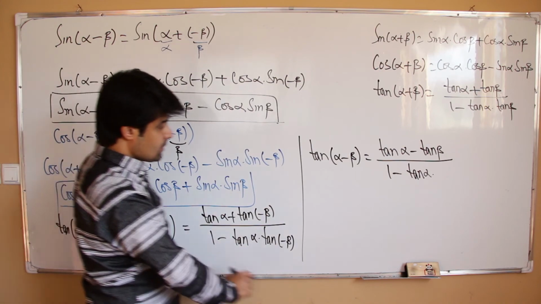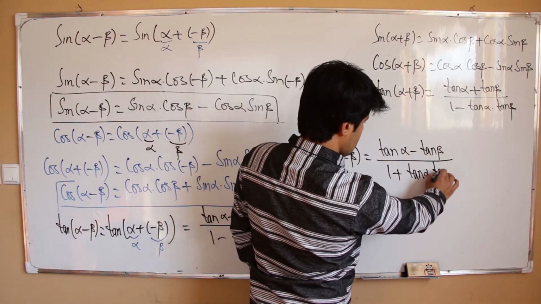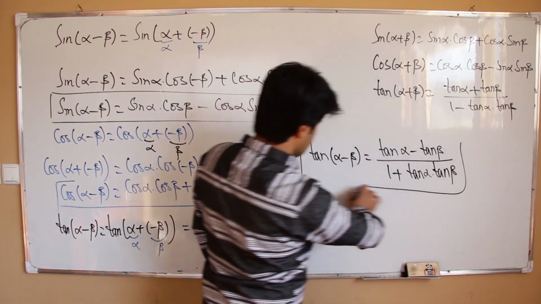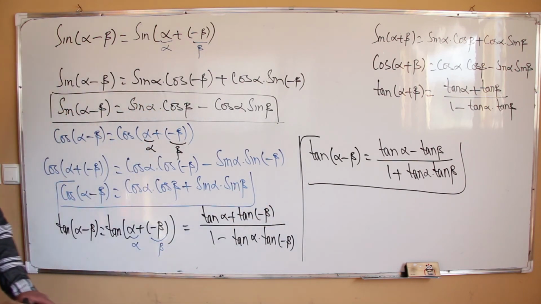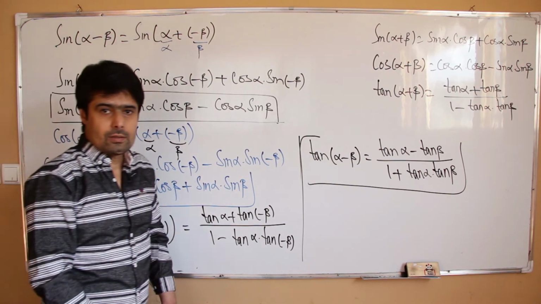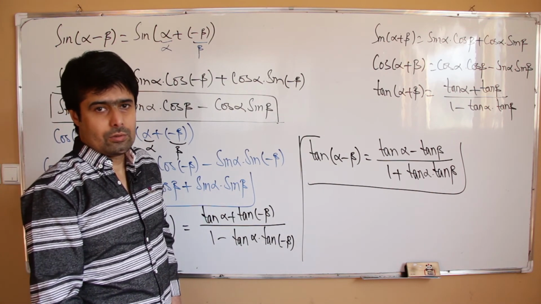Am I right? Yes, this is plus tangent alpha tangent beta. We have proved the formulas for the sum and also the difference of angles with respect to sine, cosine and tangent.